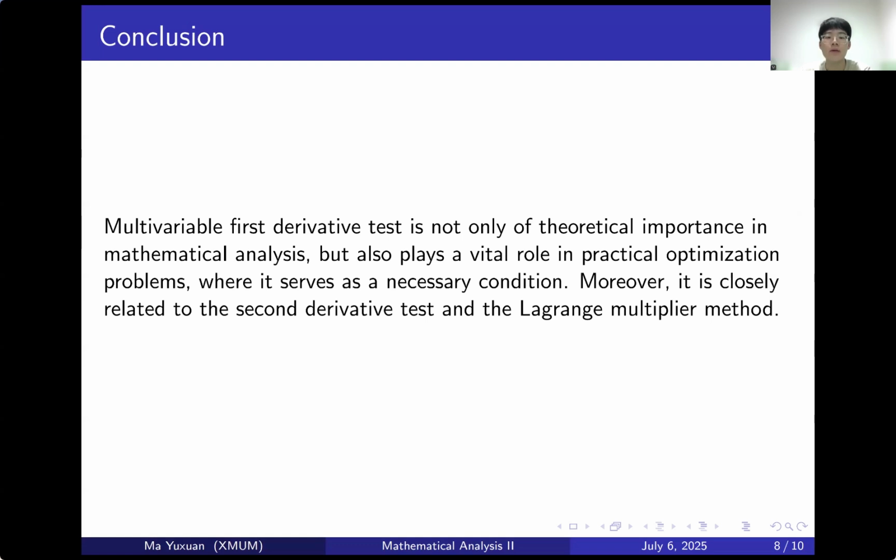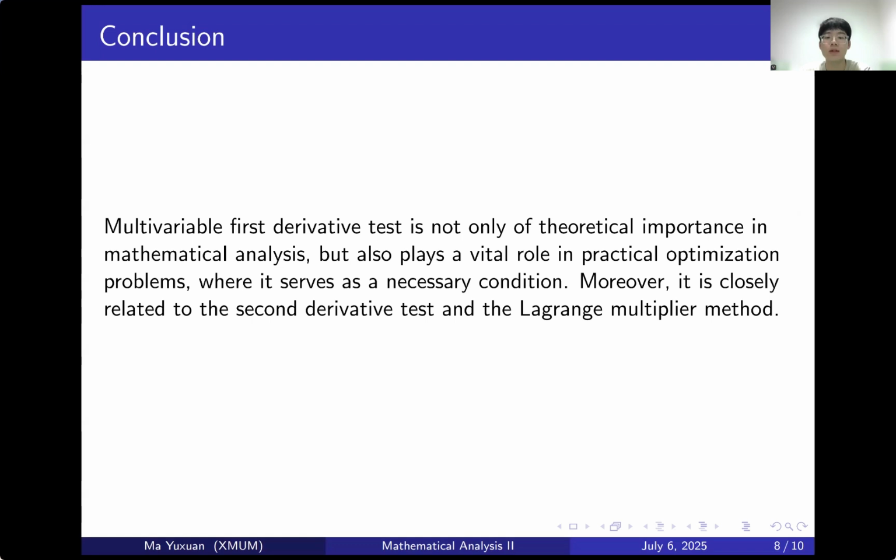It provides a straightforward way to locate potential extrema of a multivariable function. It tells us that any local maximum or minimum must occur when the gradient is 0.